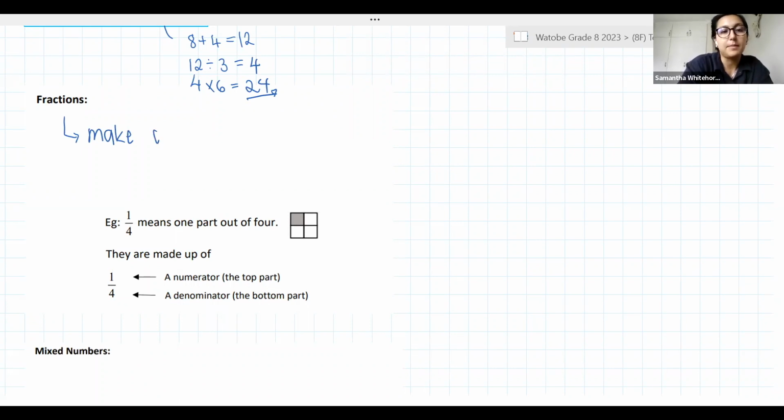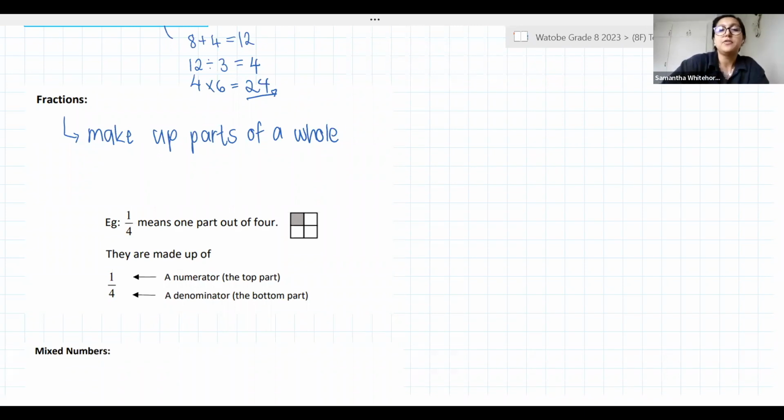We can use fractions to represent multiple whole numbers and then a fraction part. So fractions allow us to represent a value that isn't completely one whole thing, but part of it.